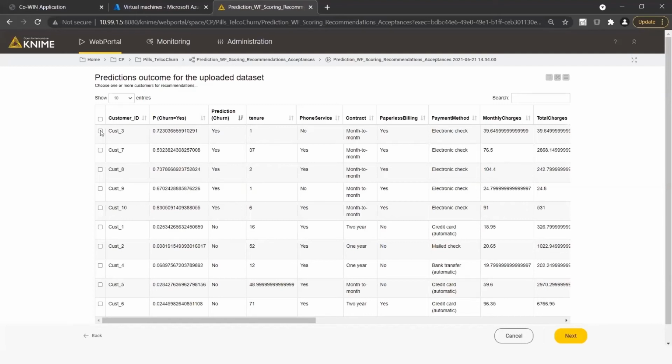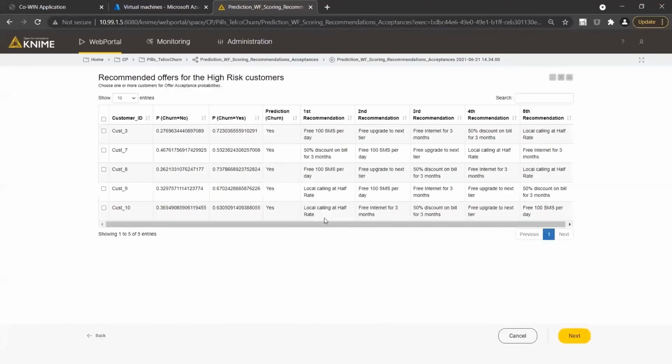Now, these are the customers that we would like to know a little bit more about. For the customers who are saying they would like to leave the platform, what would be the recommended offers for these people? So we click next, and let's see what the machine tells us. It has given us 5 recommendations per customer.